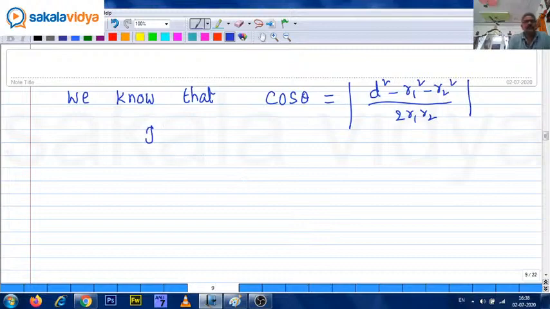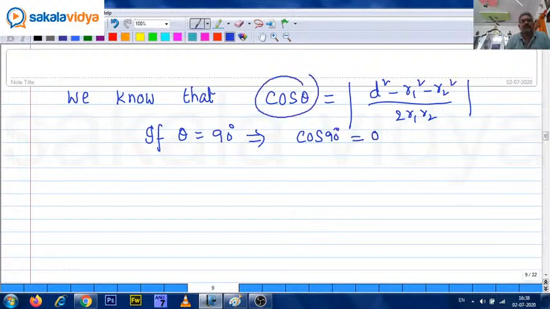Suppose if theta is equal to 90 degrees, what happens? Let us see. Cos 90 becomes what? 0. Obviously this becomes 0. So therefore we get D square minus R1 square minus R2 square upon 2 R1 R2 becomes 0.